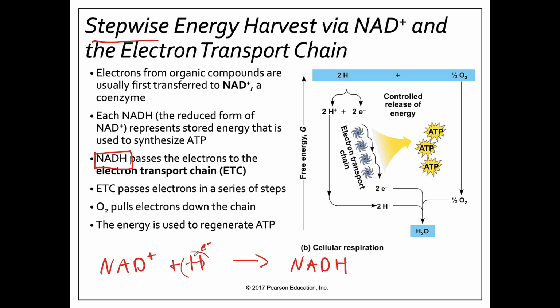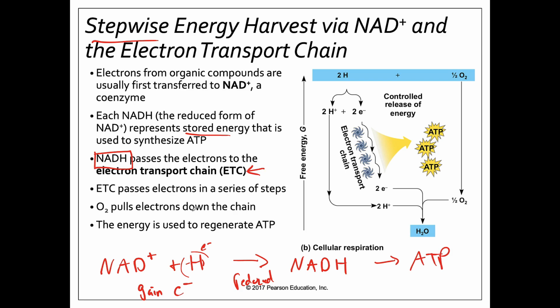So in this case, when we give NAD+ access to a hydrogen and an electron, it is gaining an electron and therefore it is reduced to NADH. NADH is a high energy molecule and it will store the energy for a temporary period of time, and then eventually the energy that is stored in here will go on to be made into ATP later on in the process at the electron transport chain.